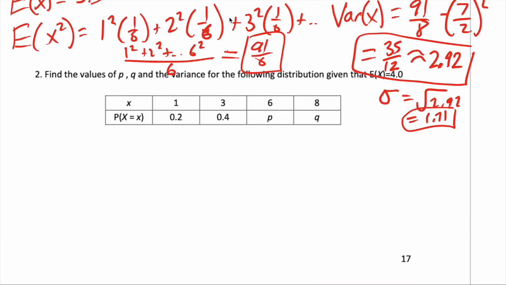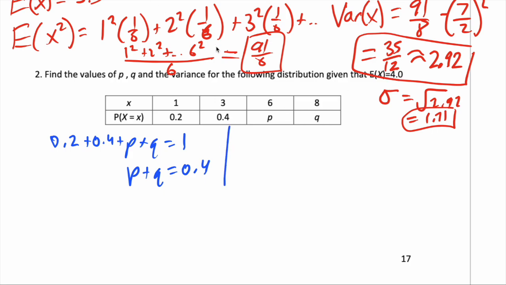Okay, next, number 2. This is a very common type of question where we have missing values in the table and we have to figure it out. The key here is you can make 2 equations, because remember, all these probabilities have to add up to 1. So P plus Q equals 0.4 if I subtract these. But also we're given expected value equals 4, so you can make an equation out of that.